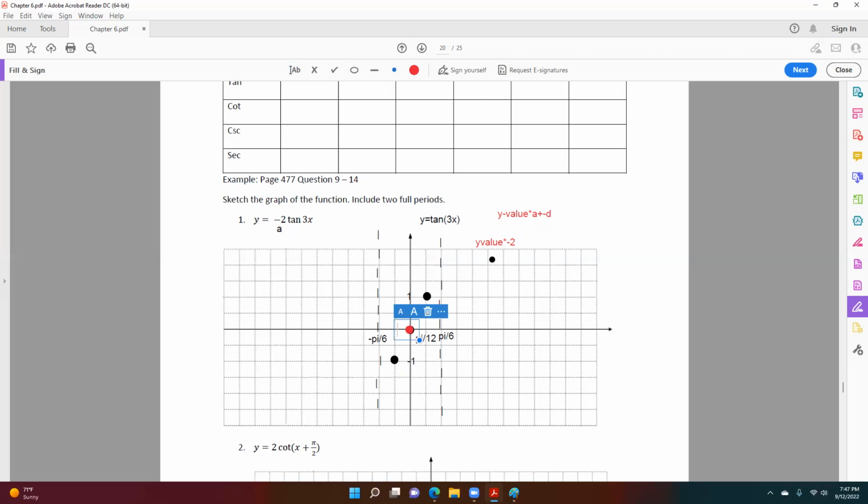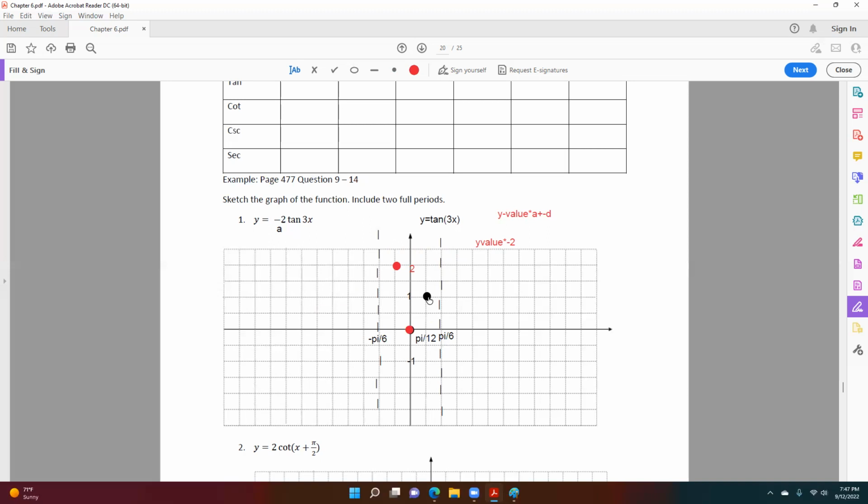So what is -1 times -2? -1 times -2 becomes +2. So what happens is your graph will move from -1, this point will move up to +2. So this graph is no longer needed because it's been moved up there.